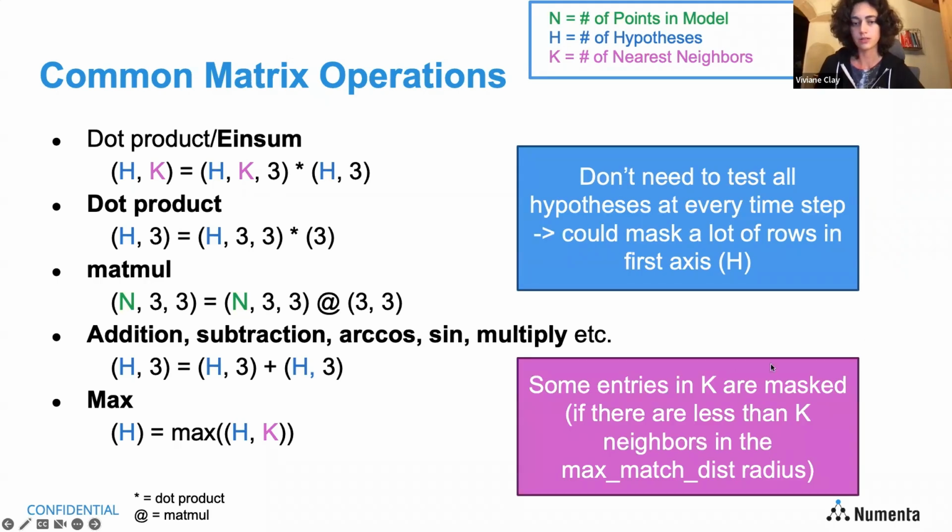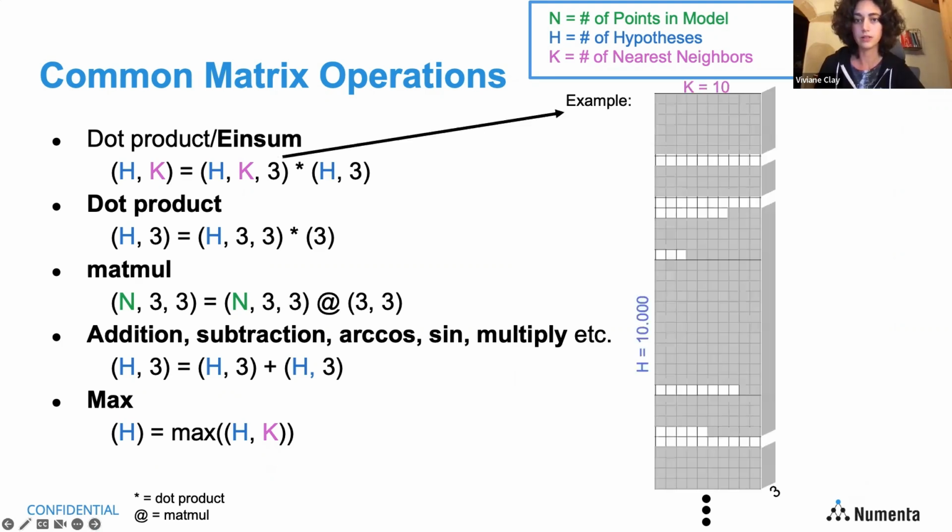And then for the second one, some entries in K are also already masked, since some locations in space have less than K neighbors in the allowed radius. So those could also be masked. Overall, for example, when we do the dot product, we have a big matrix of size H times K times 3, but almost all of the rows could be ignored.